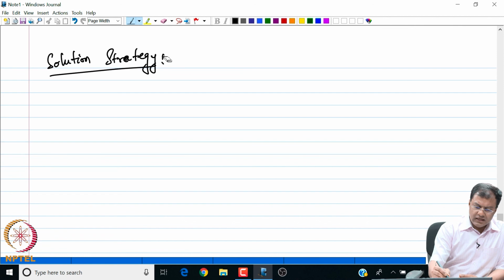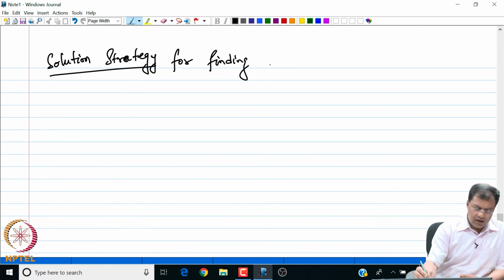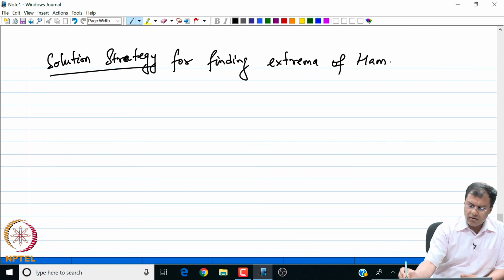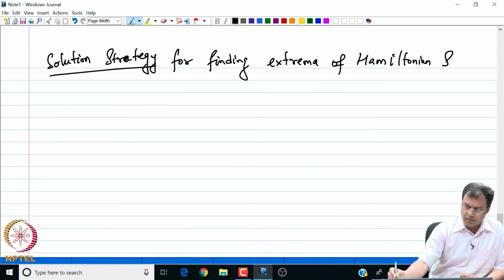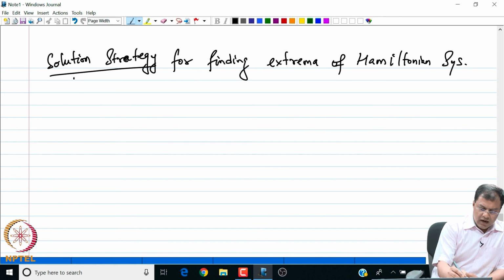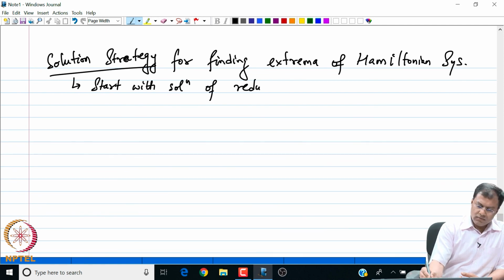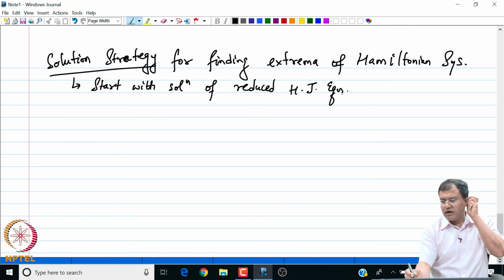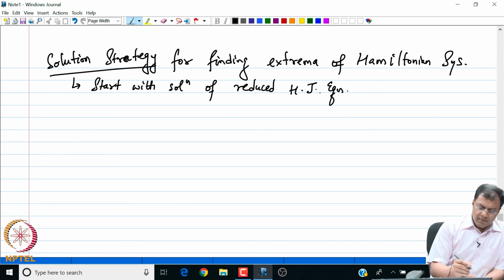So, solution strategy for finding extrema of the Hamiltonian system, right. We start with the solution of the reduced Hamilton-Jacobi equation, right, and then the generating function.